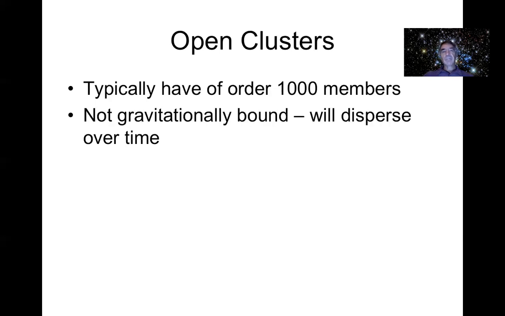And perhaps counterintuitively, they aren't gravitationally bound, at least not when we see them in this state. So they will disperse over time. There's not actually enough gravity in the mass of the stars that make it up to keep the cluster together.